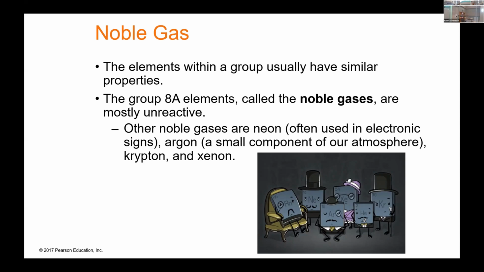There are videos online of people going up to them and pretending to hit them or doing stupid stuff, taking selfies with them, and they just stand there. They don't move at all. So they are noble knights for the queen. Same concept. The noble gases don't like to react with anything, and they're called inert gases as well. So those are the noble gases.